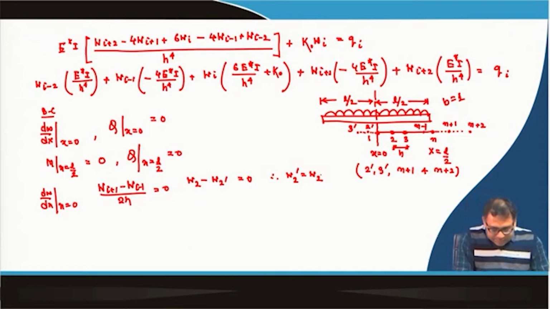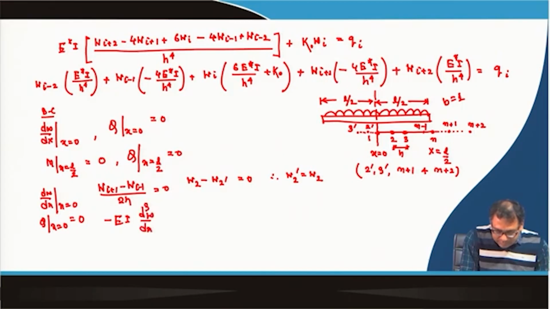Now, if I apply the second boundary condition, that is the shear force at x equal to 0, that is EI d3w/dx3 at x equal to 0, equal to 0.